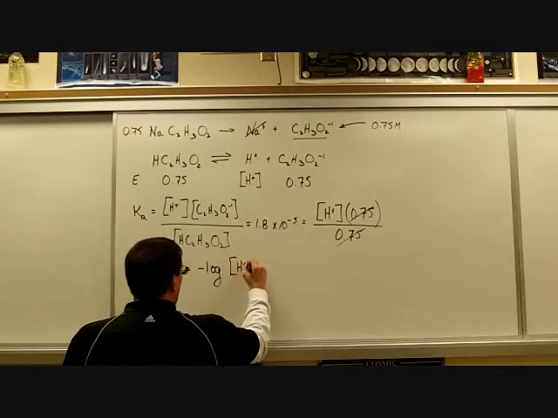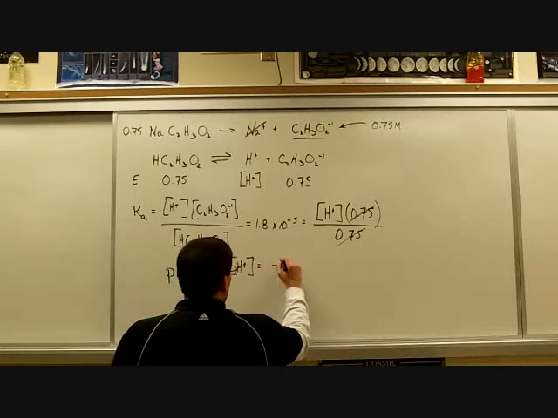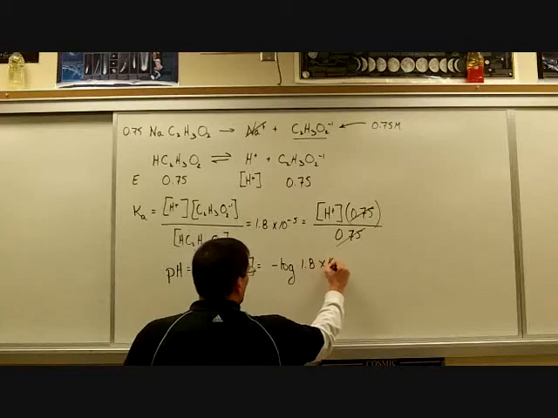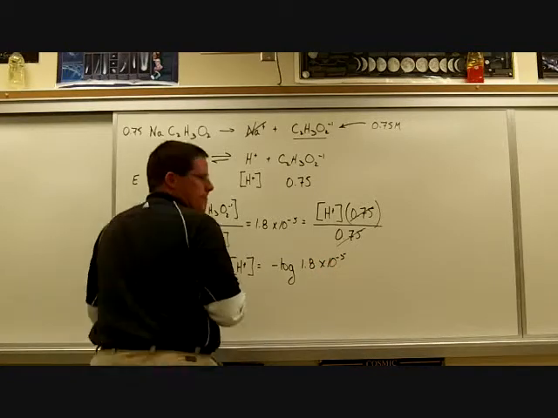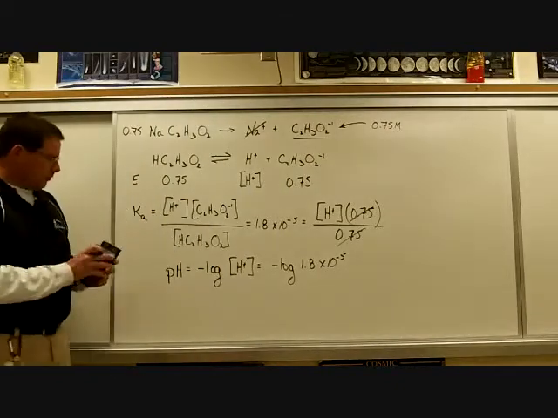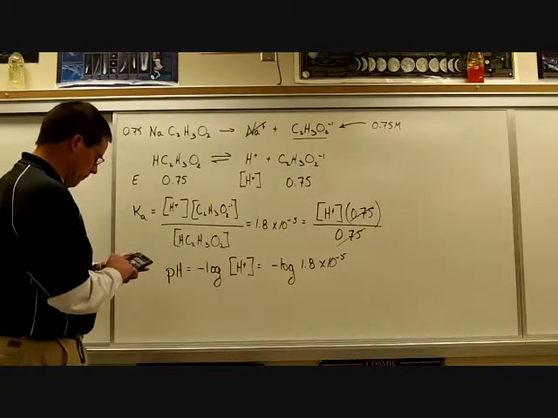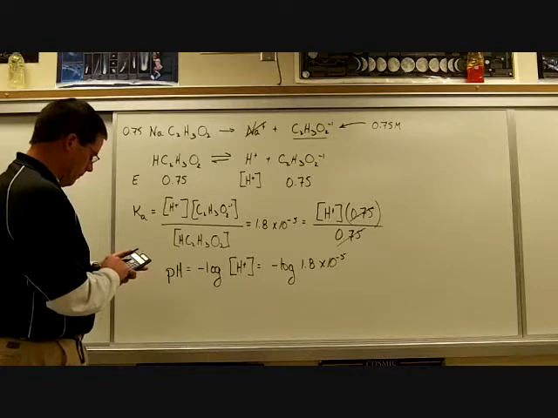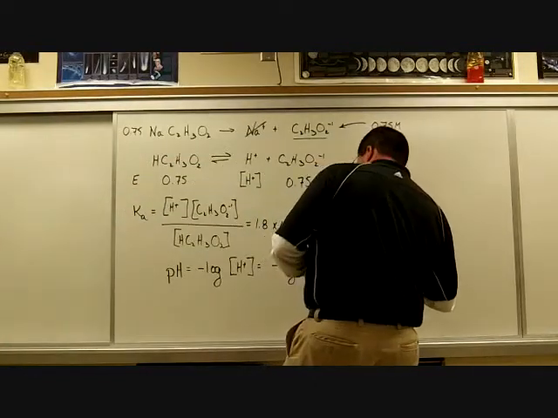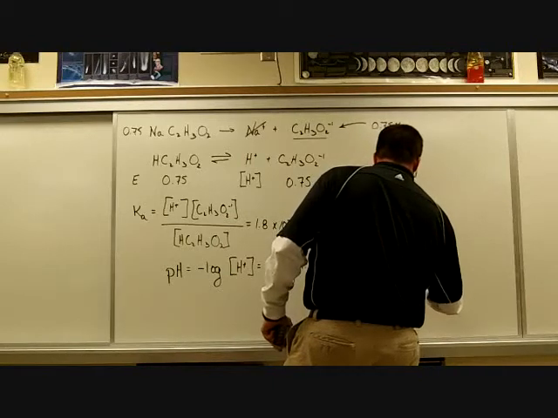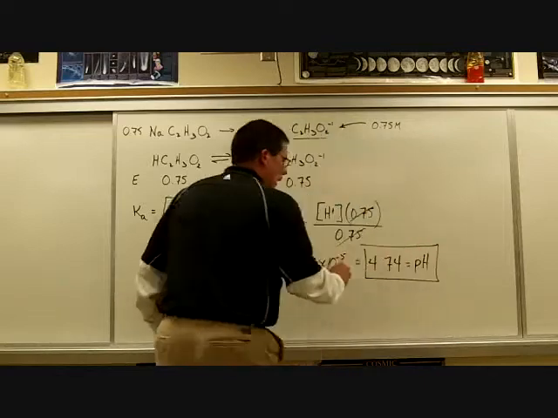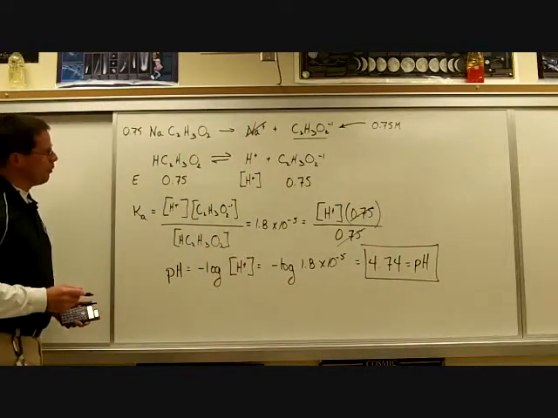So hydrogen, so negative log of 1.8 times 10 to the negative 5. So 4.74 is your pH. And that's the pH for our buffer solution.